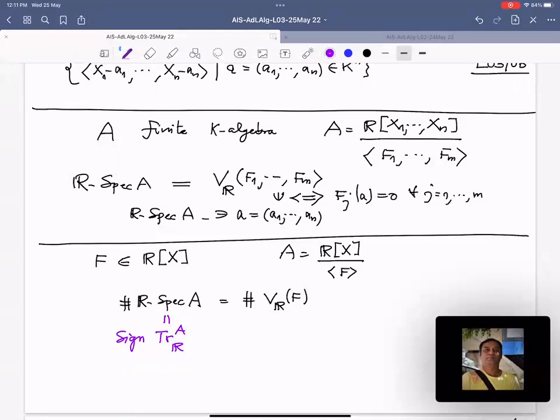So therefore, our computation will reduce to computing the signature of the trace form. That is in progress. So it is a mixture of linear algebra with standard commutative algebra.